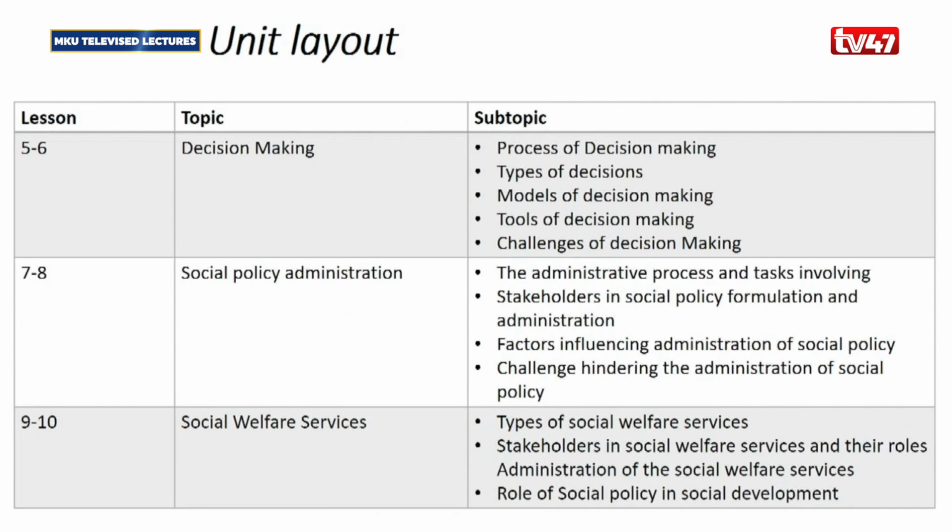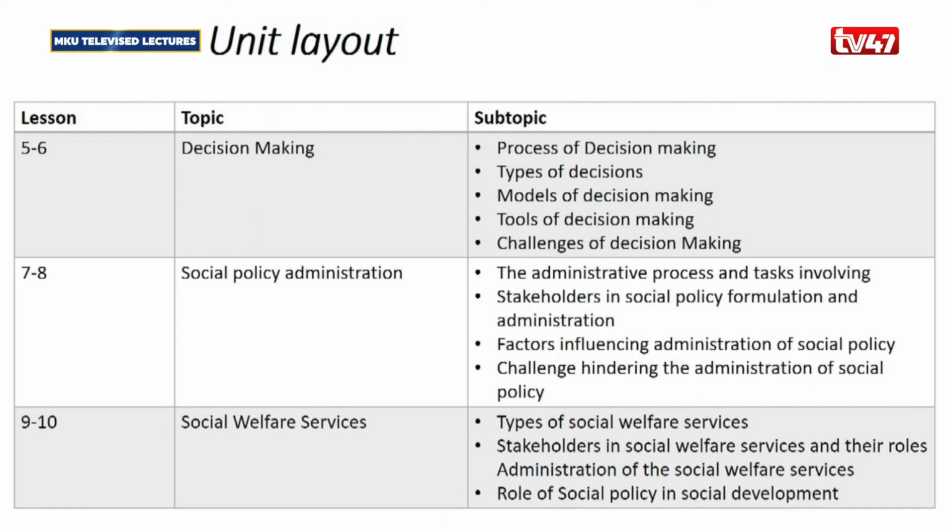But if you're coming up with a social policy that has its scope at the national level, then you'd have the national government itself involved, the various ministries at the national level, representatives from all the counties, and representatives from all different players at the national level being involved in the formulation of that specific social policy. And so we'll be looking at that specific component.